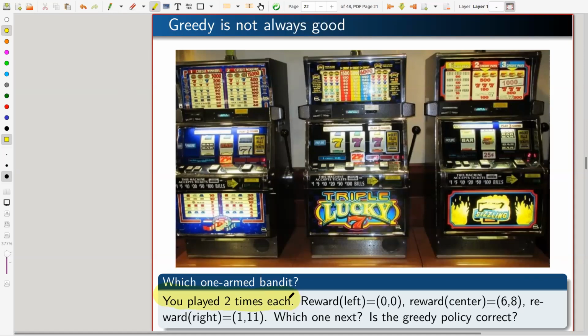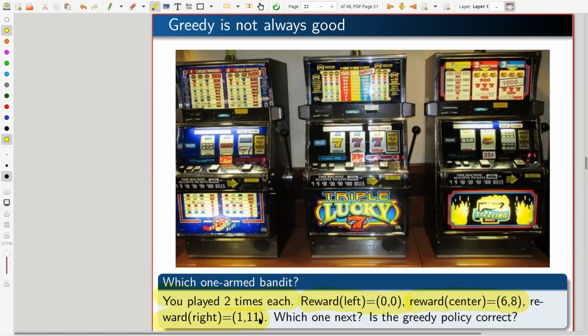You played 2 times on each machine, so you have 6 episodes actually, and you obtained this reward for the left arm. You obtain this reward for the center arm, and you obtain this reward for the right arm. I'm now asking you to choose the next arm.